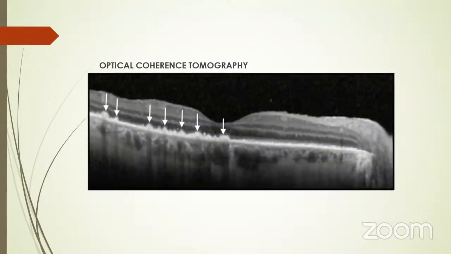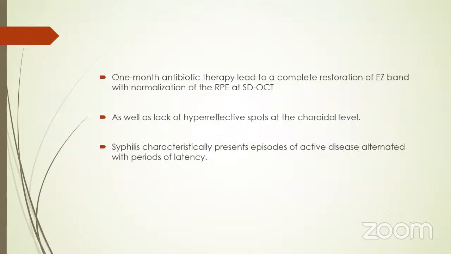As we can see in the OCT, there is intact ELM, there's ISOS loss, and there is hyperreflective granular RPE, which has nodular elevations. One-month antibiotic therapy leads to a complete restoration of the EZ band with normalization of the RPE at OCT. As well, it leads to the resolution of hyperreflective spots at the choroidal level.